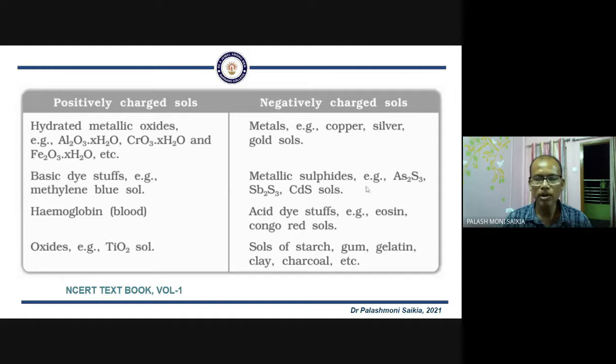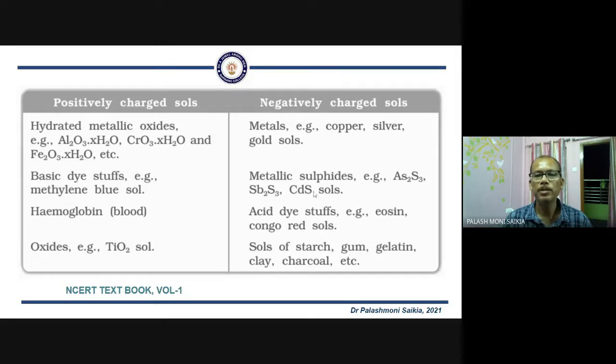Depending upon the structure of the dye, the mechanism will be different, but since they lose H+ ion, they have to go to the negative state. And most of our common polymeric natural colloidal systems like starch, gum, gelatin, clay, charcoal are generally negatively charged.